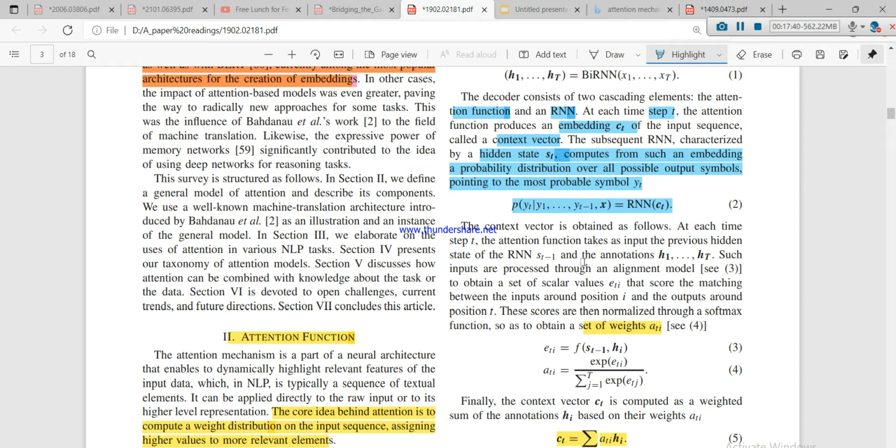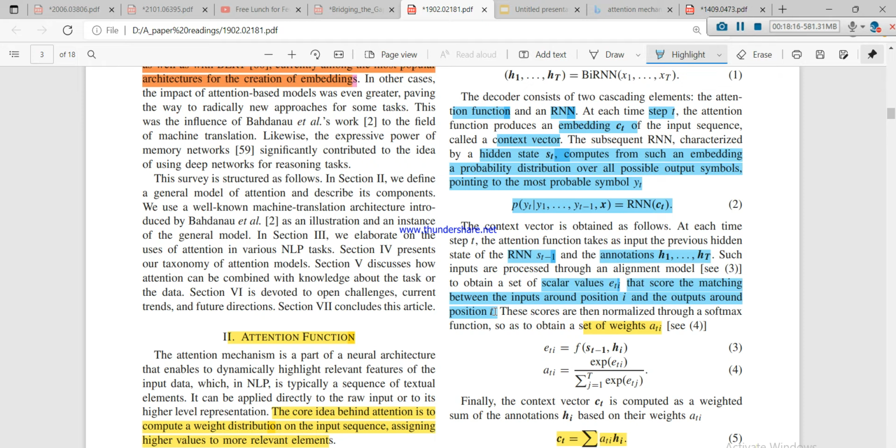The context vector is obtained as follows: at each time step t, the attention function takes as input the previous hidden state of the RNN, st minus 1, and the annotations h1 to ht. Such inputs are processed through an alignment model to obtain a set of scalar values eij that score the matching between the input around position i and the output around position t.